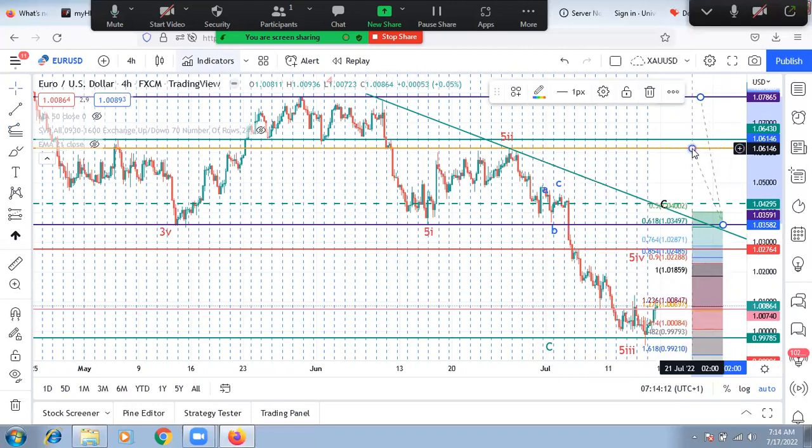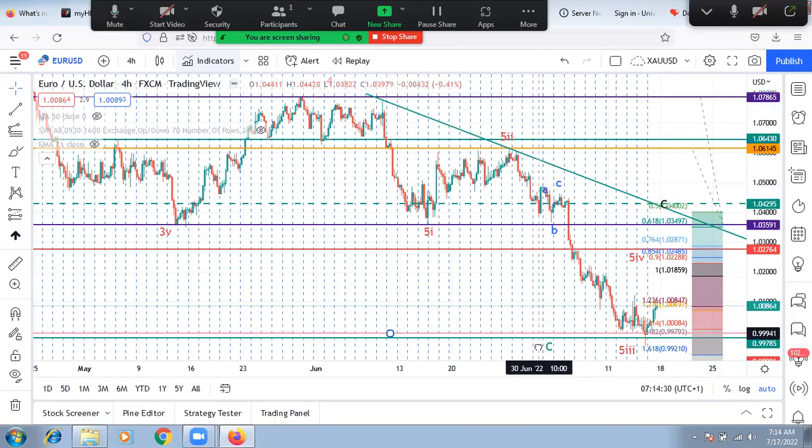So 1.6 is right here. The trade barely touched 1.6, and something tells me that this would most likely still touch 1.6. So I may take this one down a bit, to that 1.6 level.